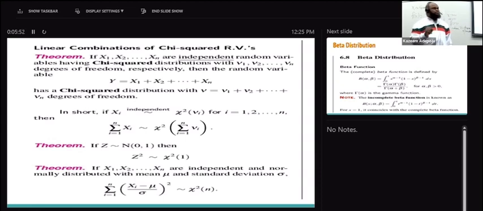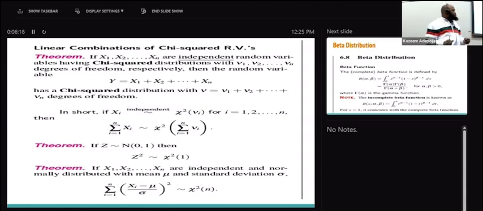But let me tell you this. If I have a random variable that is a chi-squared, we have another way to arrive at a chi-square.